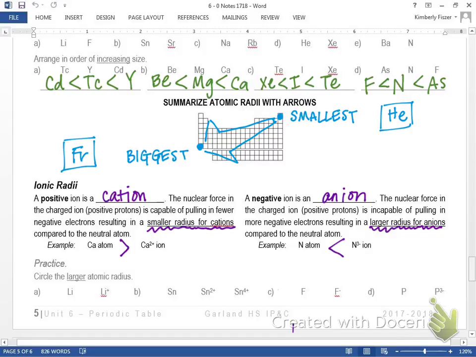Here we go. This says circle the largest atomic radius, but I want you to try it with the less than and greater than. All right. So I have lithium and lithium plus. So what is it going to look like?